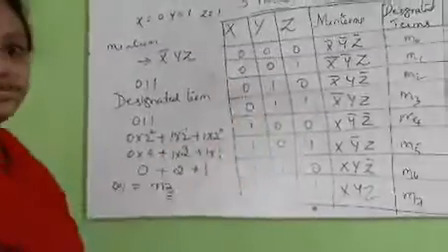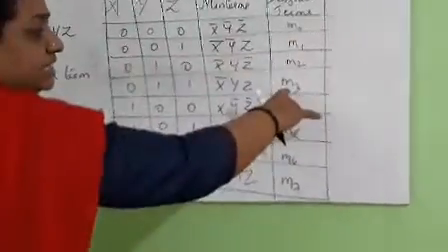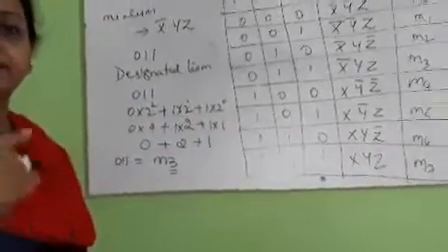Let's check in the truth table. So the combination of values 0, 1, 1, here we have 0, 1, 1 and the designated term is M3. Can you see here? So when we convert, we are getting M3. How did we get M3? We need to convert this binary value into the equivalent decimal value.